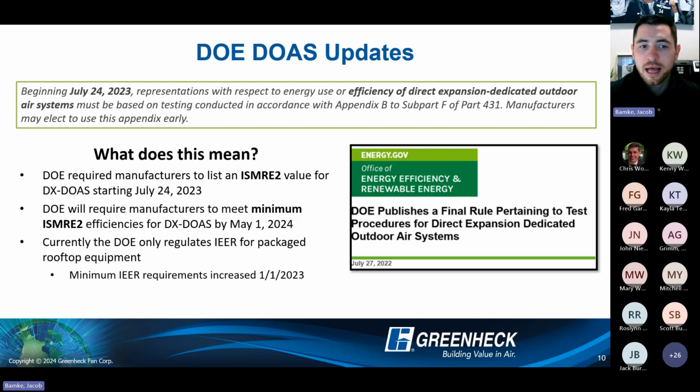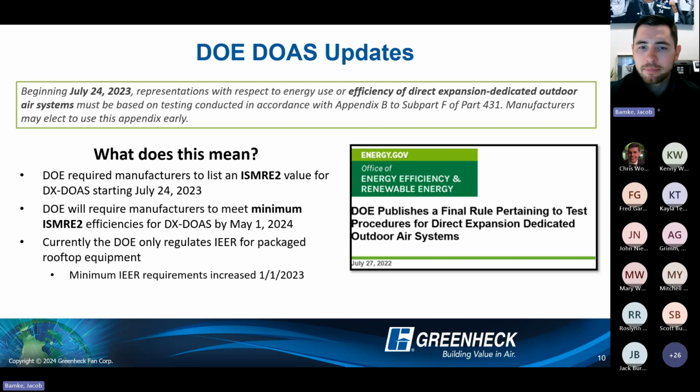And what happened was July of last year, they are now requiring manufacturers to list an ISMRE2 value for all DX DOAS equipment. And then actually today, they were supposed to really require a minimum ISMRE2 value. They don't have their compliance management system built out quite yet, but that is something that they're working on.